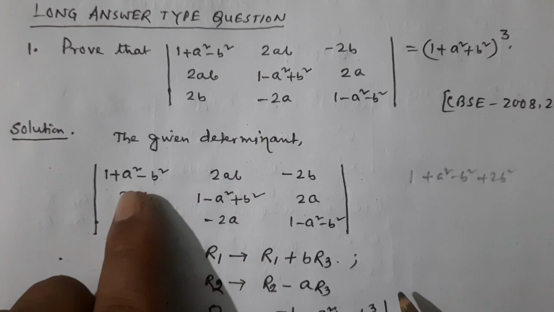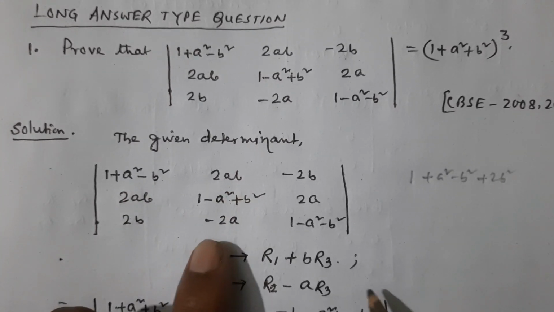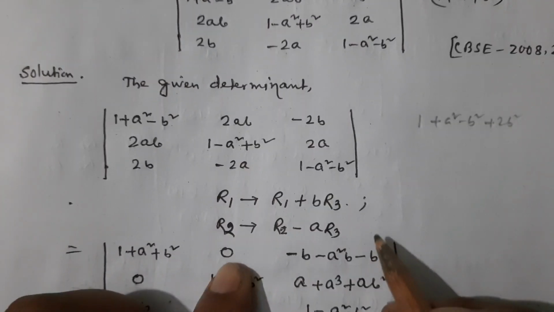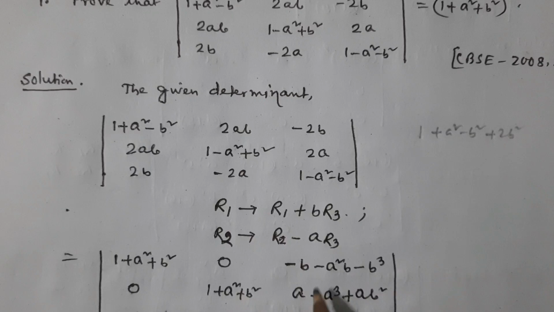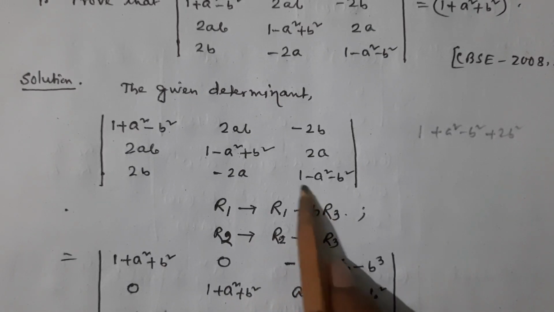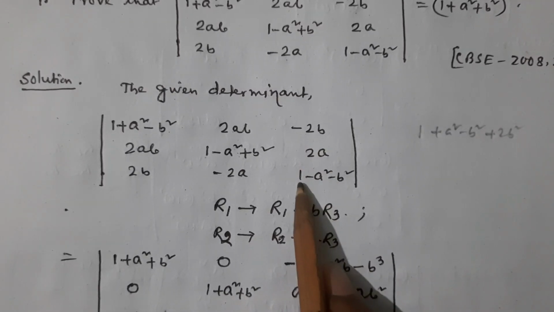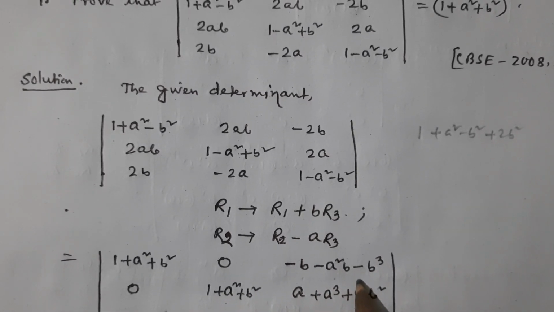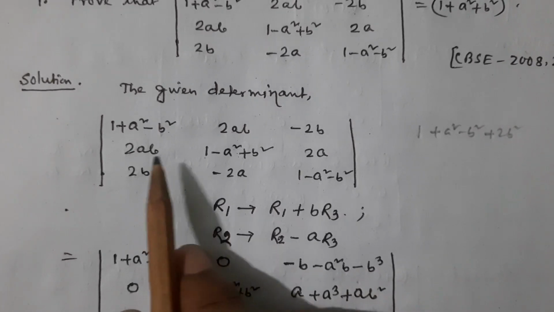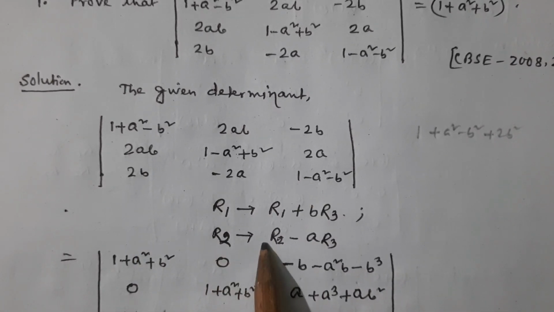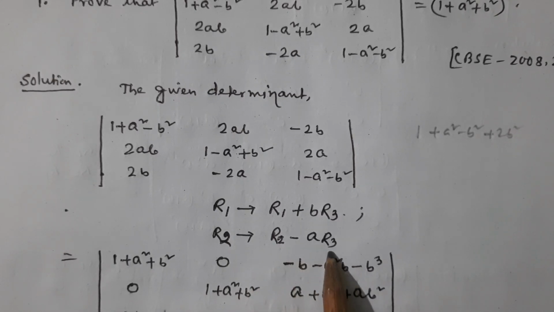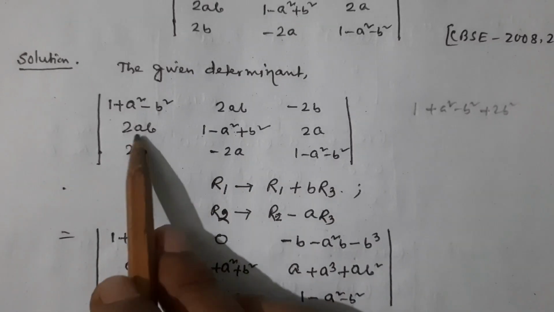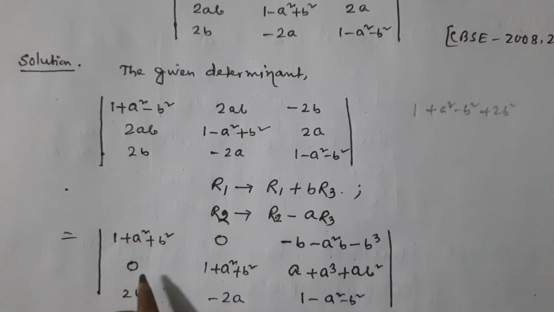First row second element is 2ab plus b into minus 2a, which becomes 0. The third element is minus 2b plus b(1−a²−b²), that is minus b minus a²b minus b³. We also apply R2 → R2 − a·R3. The first element is 2ab minus 2ab, that is 0.